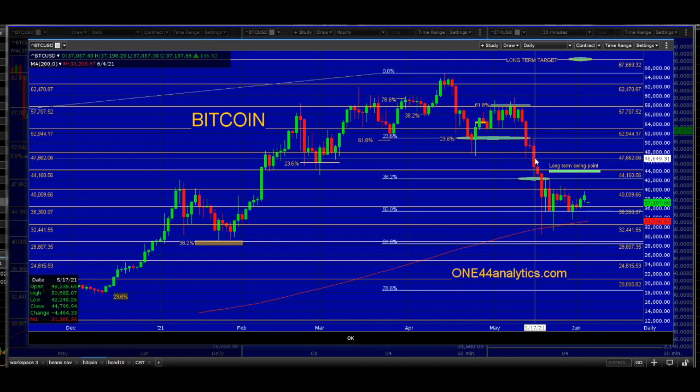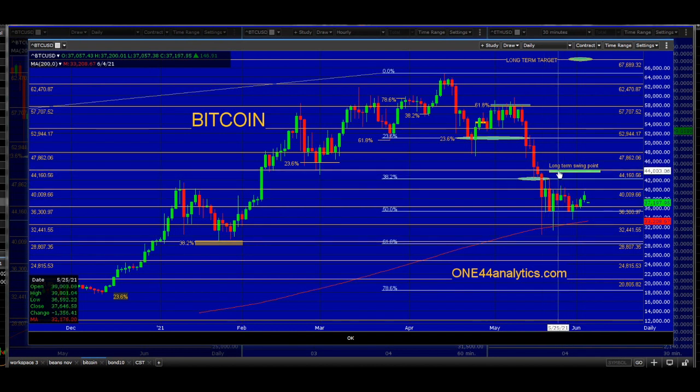First bounce from that was a $3,000 move. Nice move, but looks like nothing in here. Then we violated it, and this tells us that the long-term trend now is down, and we should be looking for 61.8. 38% came out, 61.8 is our target.